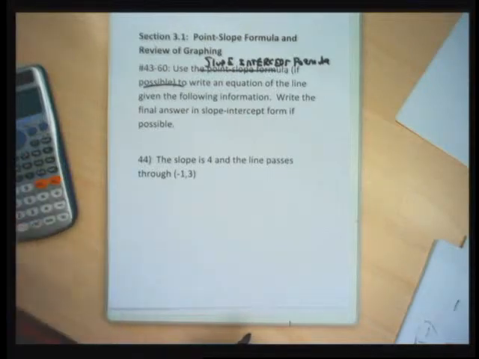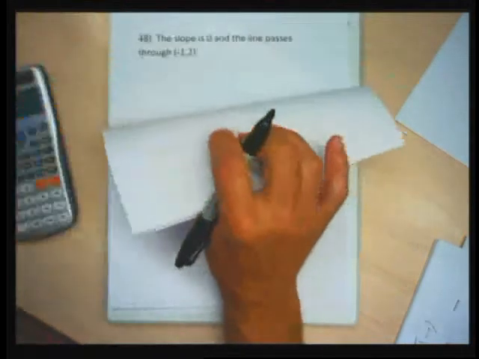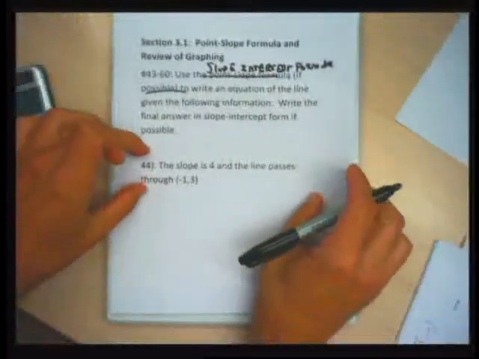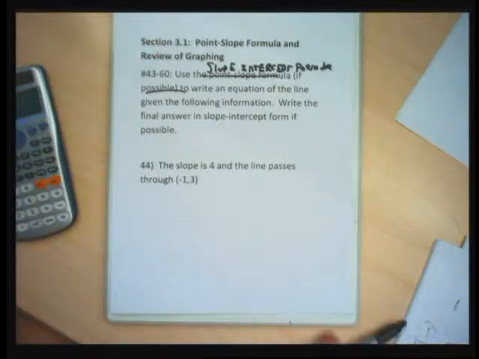So for each of the problems between 43 and where I'm going to stop at 52, I'm given information about a line and I want to find its equation. And every single problem I'm going to do, I know the answer is going to be in the form y equals mx plus b.